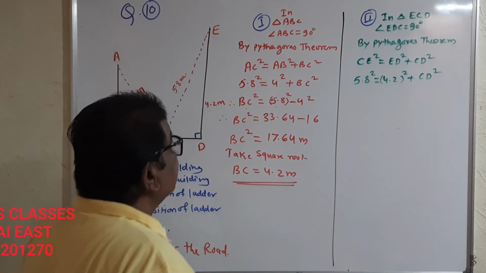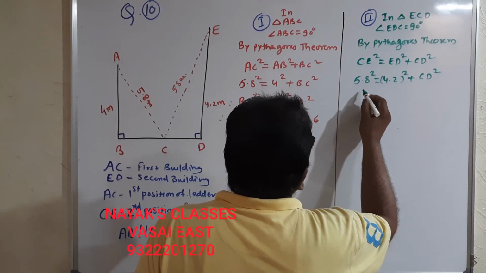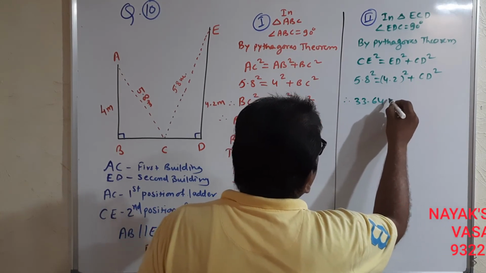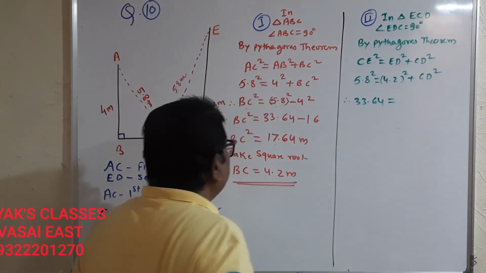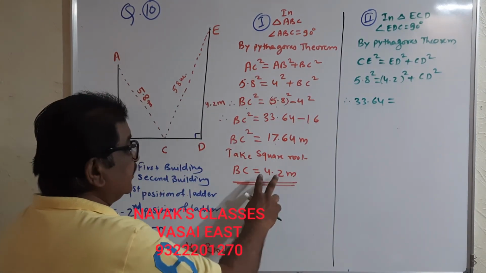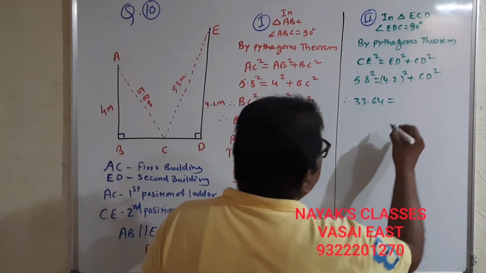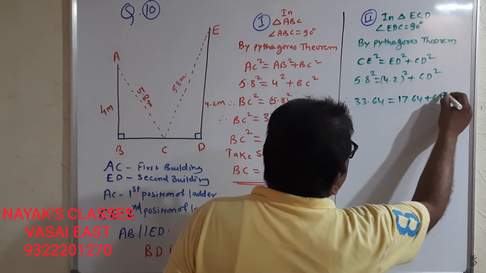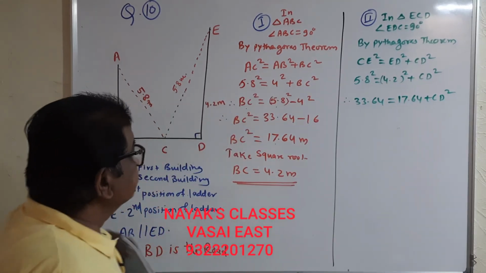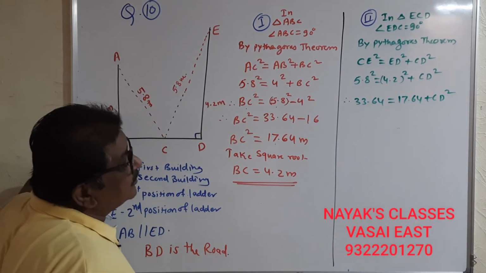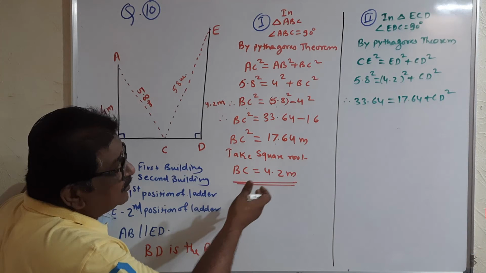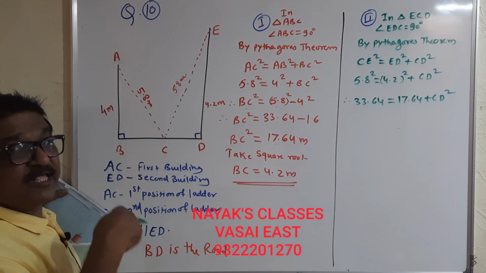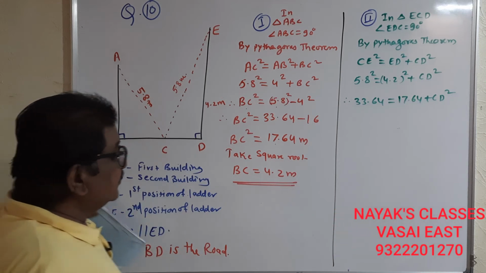Now, we have seen 5.8 square is 33.64 is equal to 4.2 square, which is nothing but 17.64, plus CD square. So the numbers are given in such a fashion that one calculation helps the other calculation.